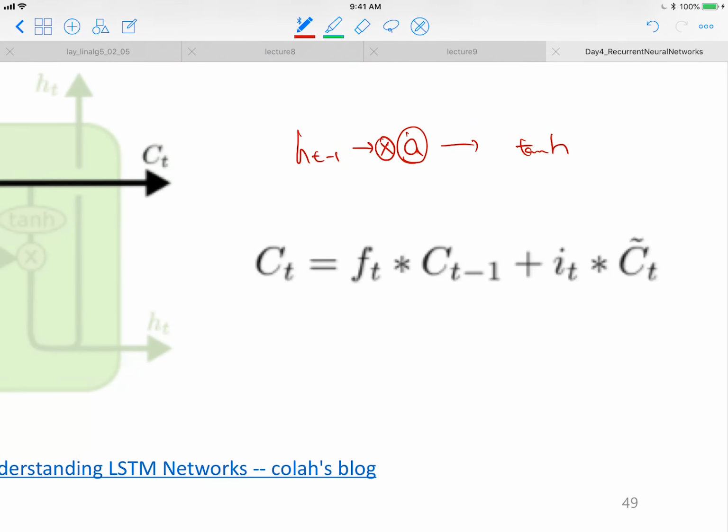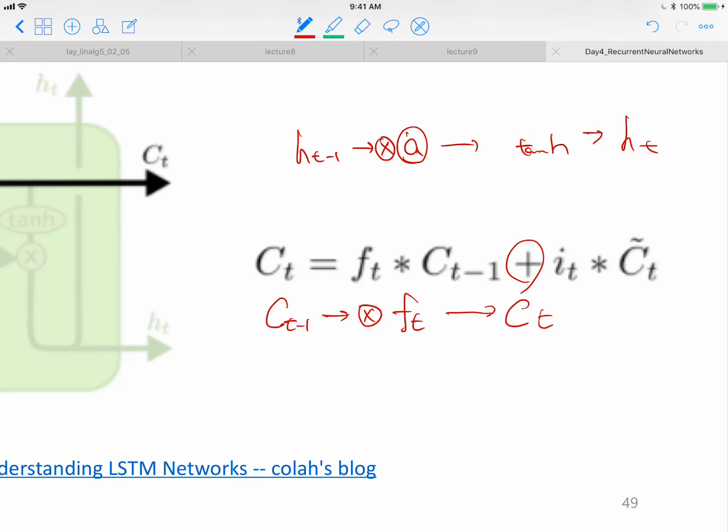But here, let's look at the evolution of c_t, or c_{t-1}. c_{t-1} will be multiplied with f_t, an element-wise multiplication, right? The addition doesn't matter because the gradients are separated. So if we track back the gradient from c_t to c_{t-1} and then c_{t-2}, the addition will not matter.